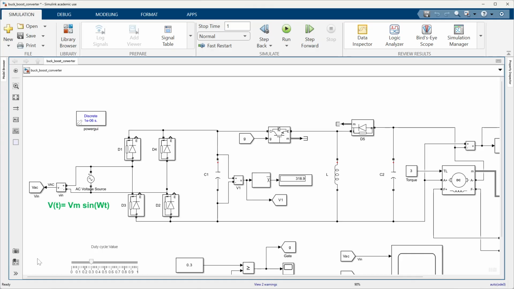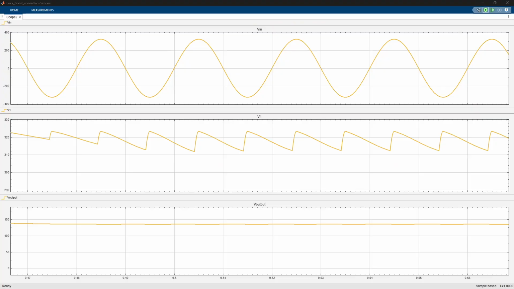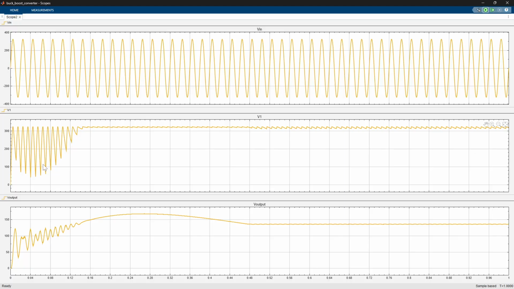Okay, now let's see the buck converter output. The output from the buck converter, or the V out, is given in the bottom plot. This is the most interesting one.